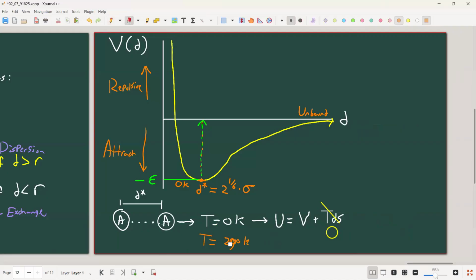Let's just heat it up to liquid nitrogen temperatures, 77 Kelvin, that's liquid nitrogen. Now U is equal to V plus TS, but TS is non-zero now.